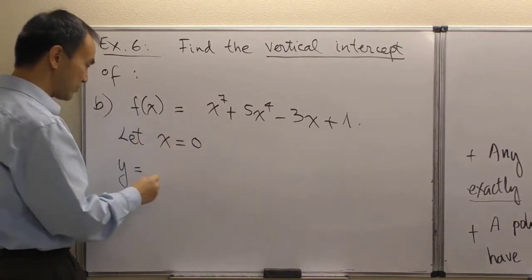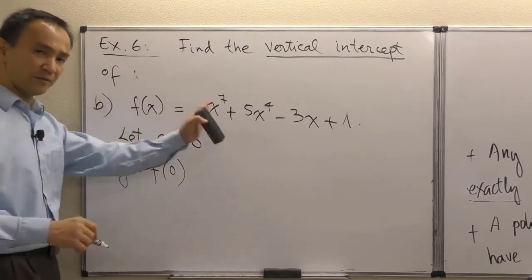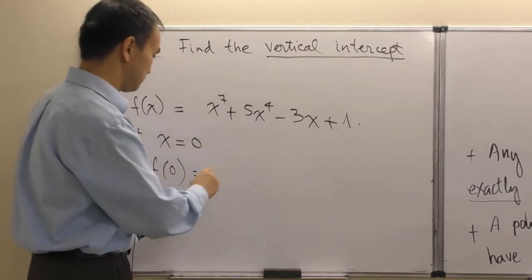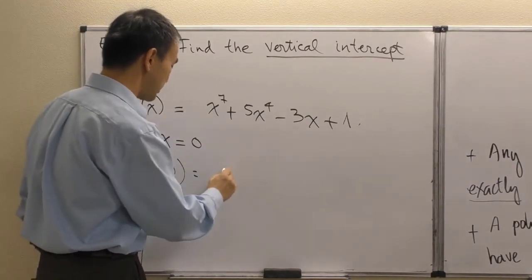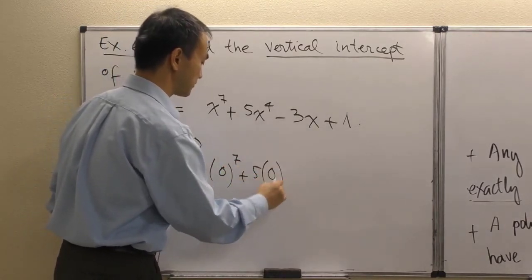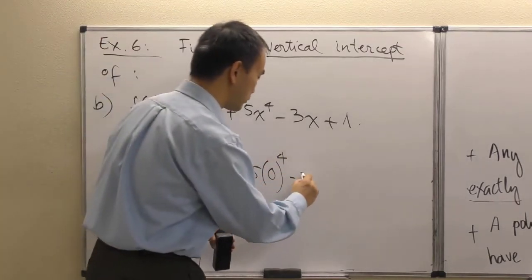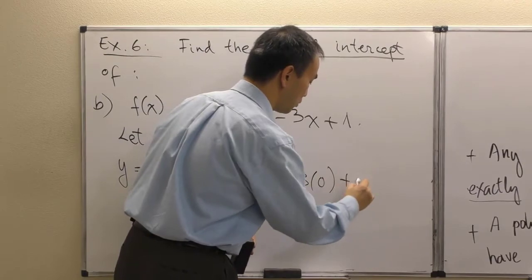Once x equals 0, the y value comes out as f of 0. The rule of the function says we raise the input to the power 7, plus 5 times the 4th power of that input, minus 3 times the input, and plus 1.